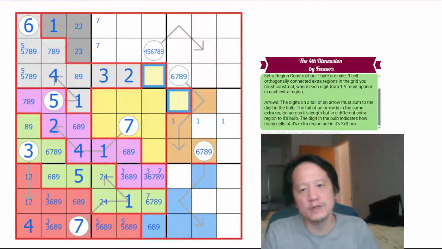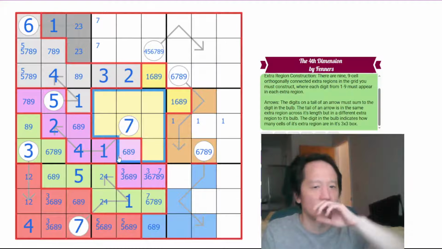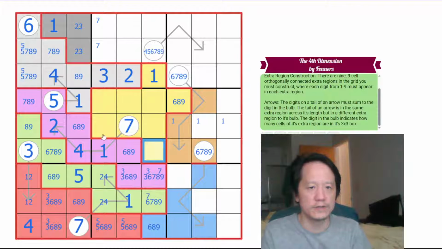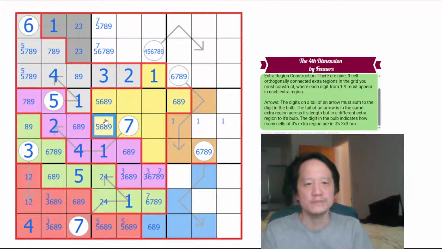So this must be 1 with 6, 8, and 9, because those are the only digits remaining in box 5 which aren't part of the yellow region. But this can't be 1, so the 1 must be here. This is 5, 6, 8, 9, and this is 5, 6, 7, 8, 9, but 6 can't be here because of that 6.